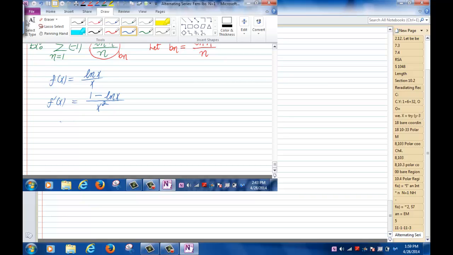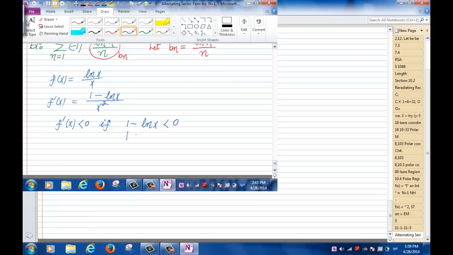So if I want to know when this derivative is negative, well, the denominator is x squared, so that's just positive. So the sign depends on the numerator. So this would be negative if the numerator 1 minus ln of x is negative.